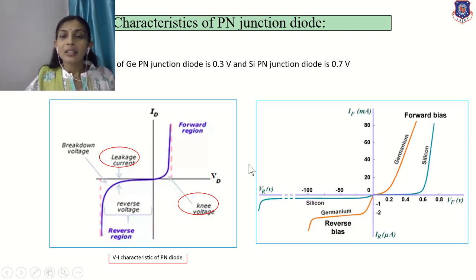Okay, fine. These are the two VI characteristics of germanium and silicon. Knee voltage for germanium is 0.3 and knee voltage for silicon is 0.7. Dear students, remember always the standard ideal values.